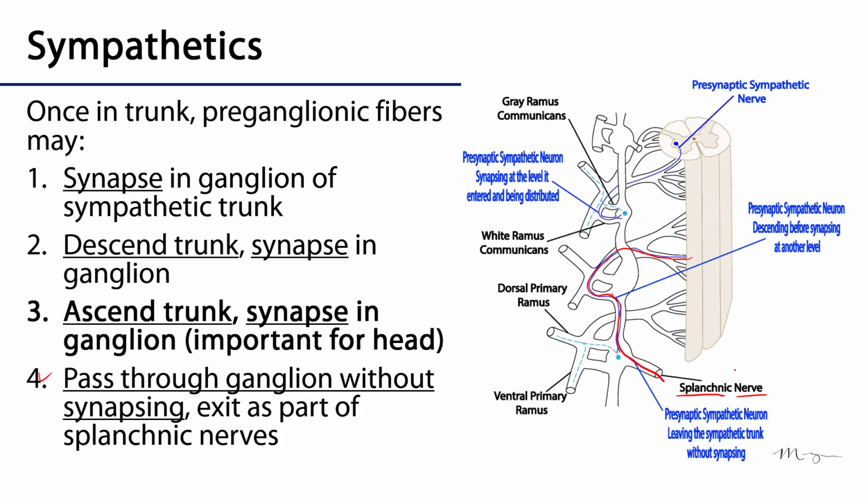These splanchnic nerves are going to serve the abdominal viscera, but again, we don't see these in the head and the neck.